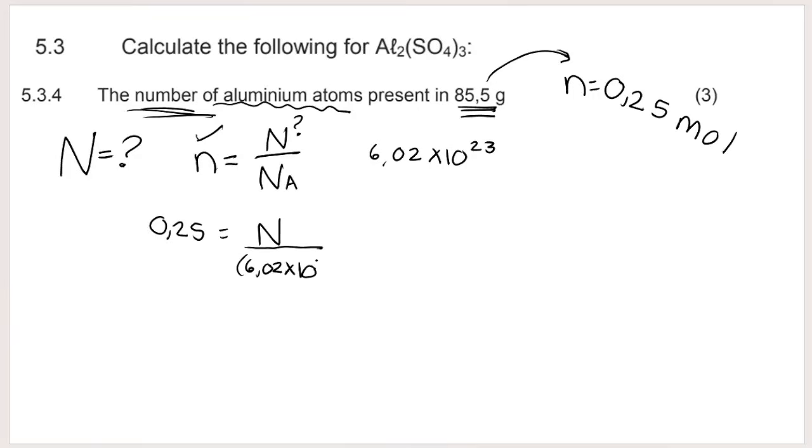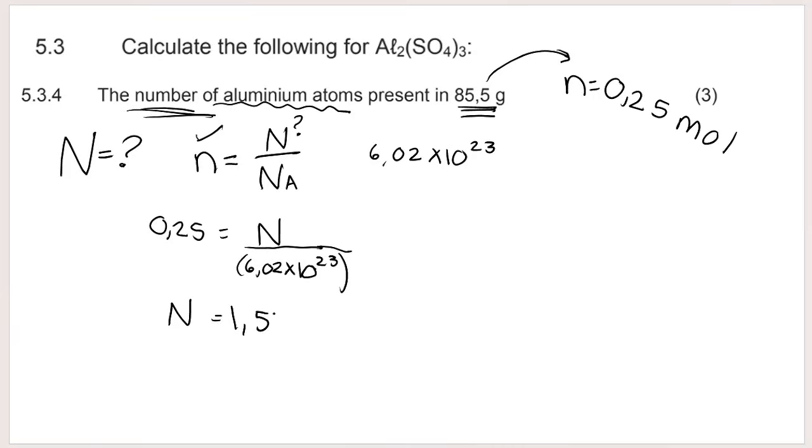The reason I'm doing that is because when it comes to scientific notation, it's often a good idea to use brackets. Then to get big N, we say 0.25 multiplied by Avogadro's number. When I do that, I get the number of aluminium sulfate molecules.